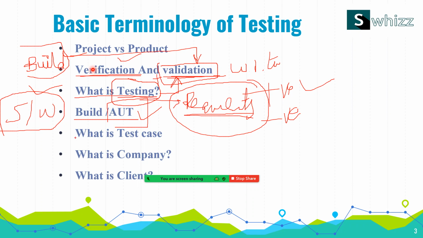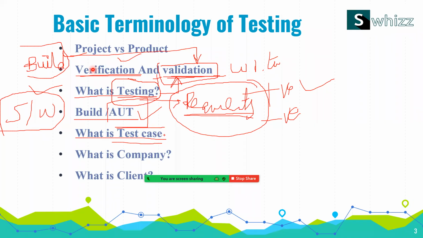Okay, so what is a test case? In the previous session I told you what manual and automation mean. Executing the test cases manually without any automation testing tool is manual testing. I told you what a test case is.